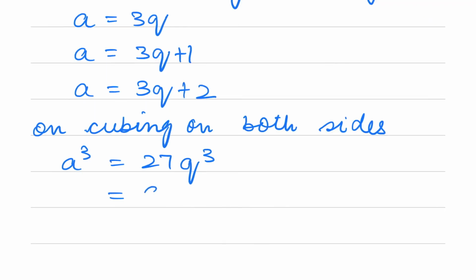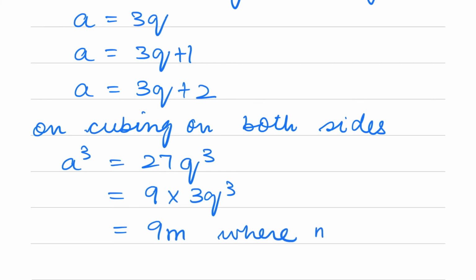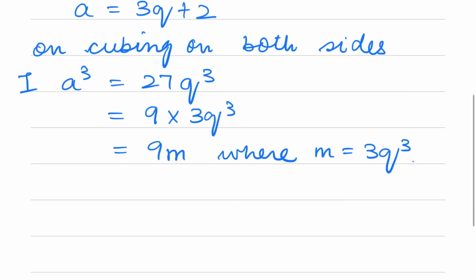This can be written as 9 into 3q cube, or I can write this as 9m, where m is equal to 3q cube. So this was the first case. Now let's take the second case. a cube is equal to 3q plus 1 whole cube.